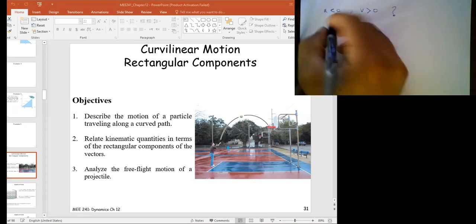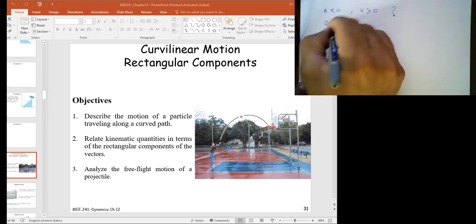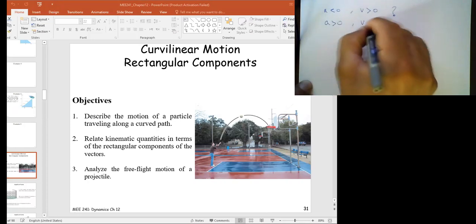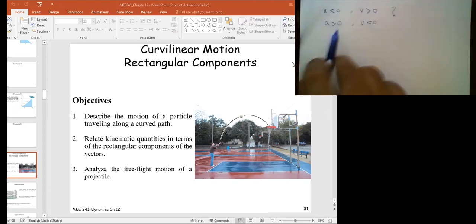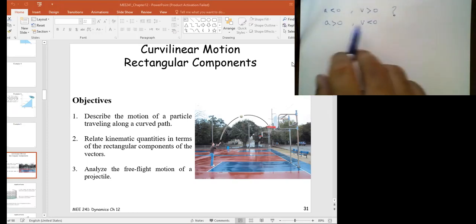How about could you have a positive acceleration, but the velocity would be negative? Is that possible too? Meaning the velocity is increasing, but the velocity is negative.